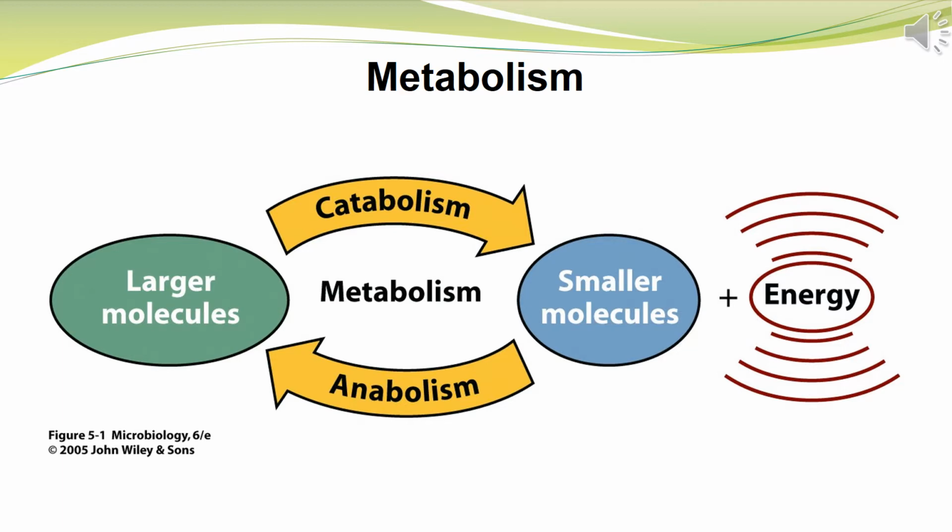So they break the larger molecules into smaller molecules in order to obtain energy from the chemical bonds of those larger molecules. And in anabolism, they build these small molecules back up into larger ones, which takes energy, but it allows them to create the molecules they need to maintain themselves.